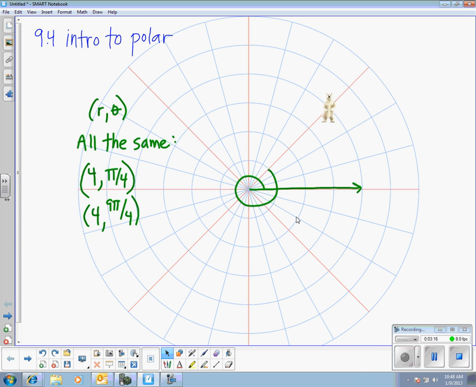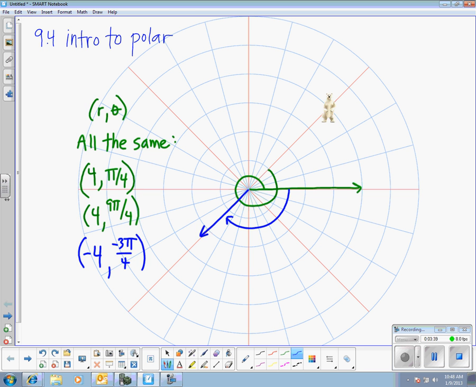Another possible way would be, what if we faced in a direction of negative 3 pi over 4? So we're pointing actually this way. This is our direction. If you want to walk the other way, then that's negative 4.